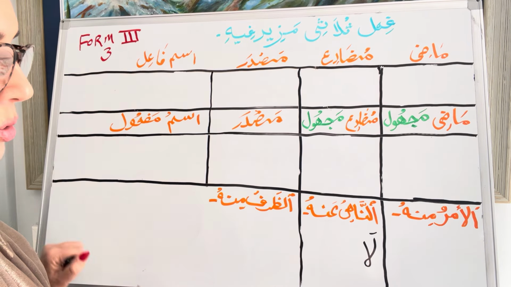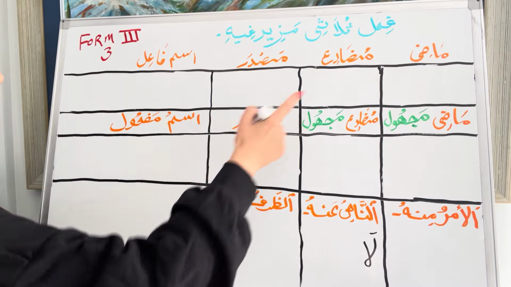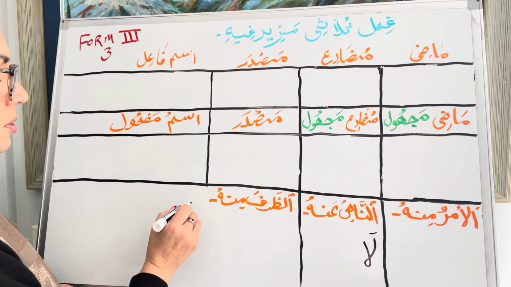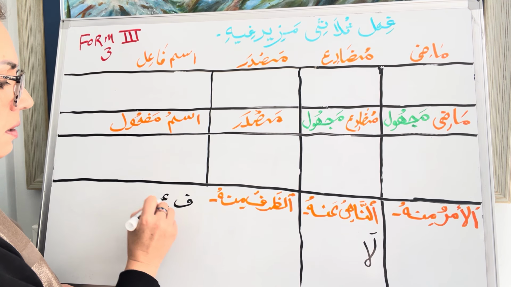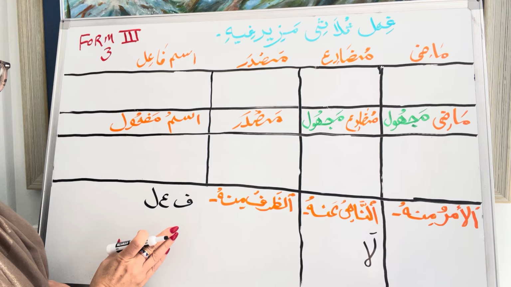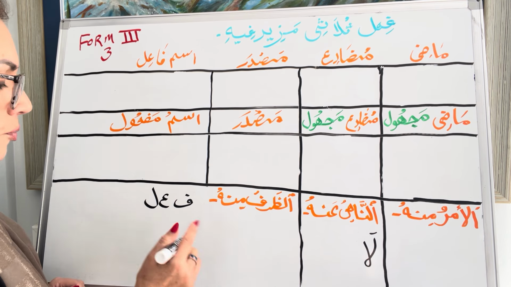So we use the example for, let's just, for the sake of keeping it simple. So we have fa'ala, right? So this is our basic 3 root letter verb. Fa'ala means to work, to do.